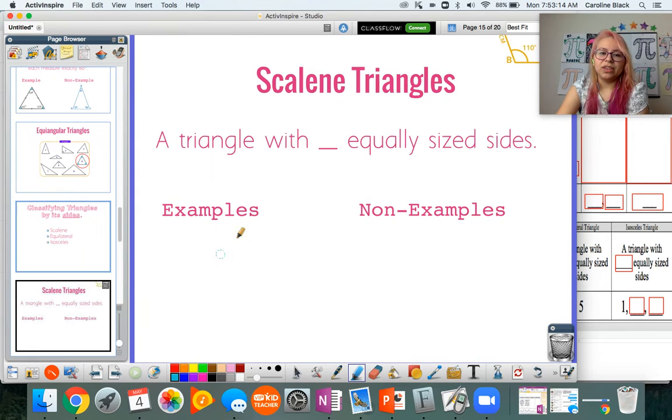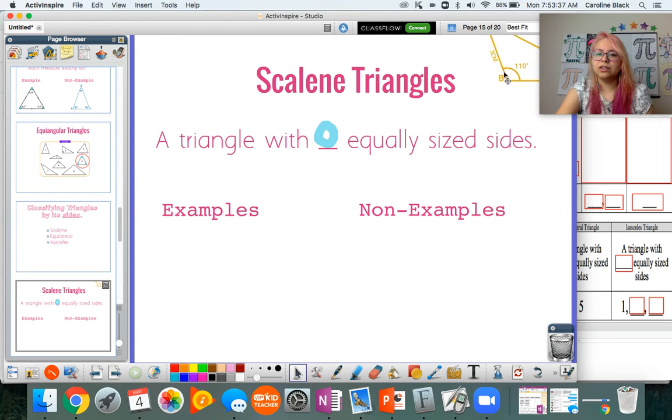So, scalene triangle. A scalene triangle is a triangle with 0 equally sized sides. 0. None of the sides will be the same. They will all be different. So let's look.